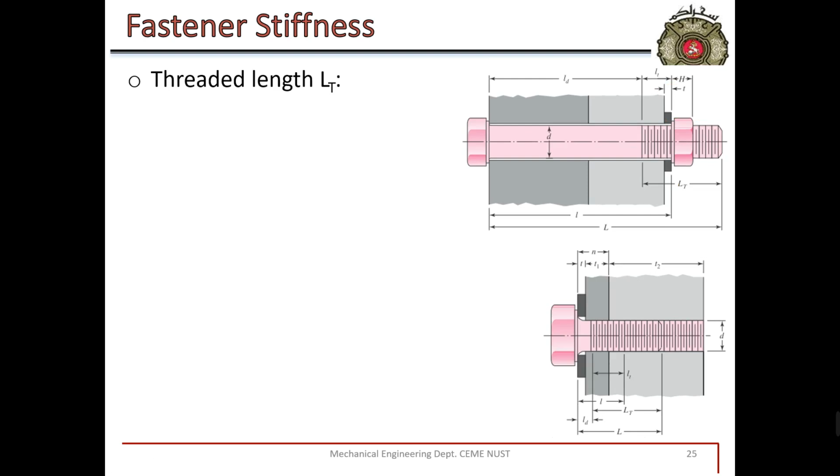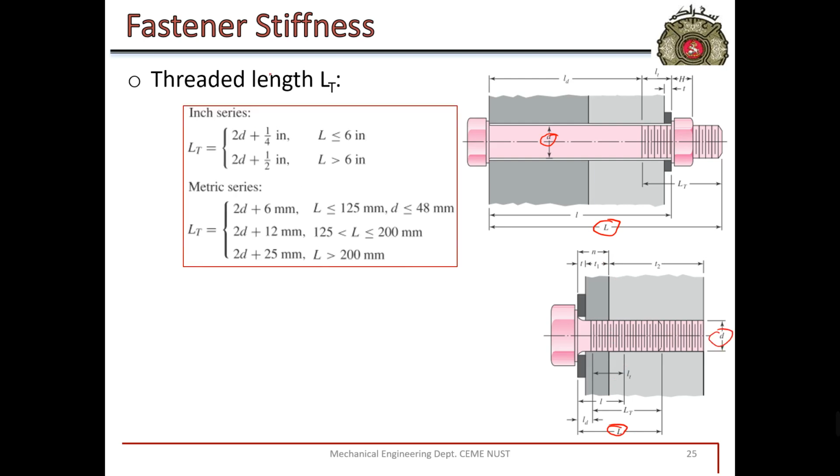Once we have the total length of the bolt, and we have the diameter of the bolt, which is given here, similarly in this case we will have the length of bolt and the diameter of bolt. Once we have these two values, we can calculate LT. What is LT? LT is the length of the thread portion. Out of this total length L, how much should be LT?